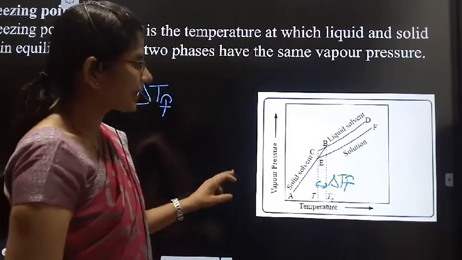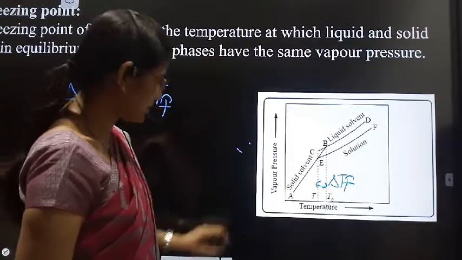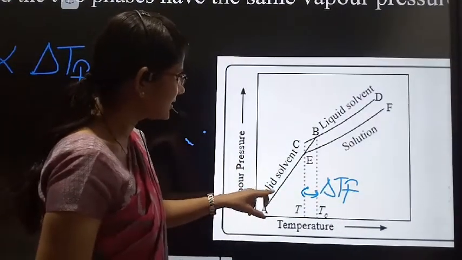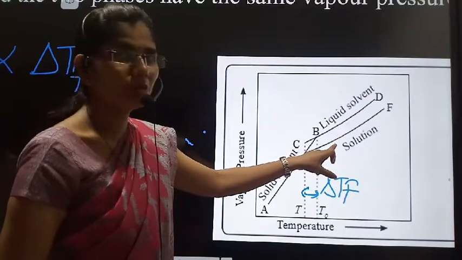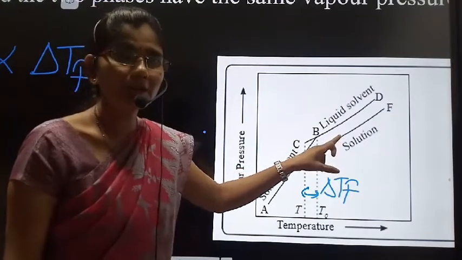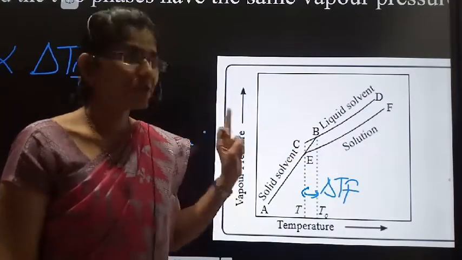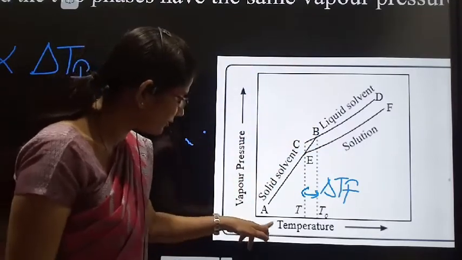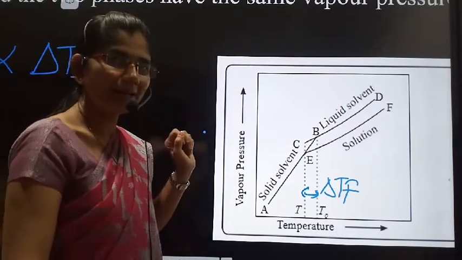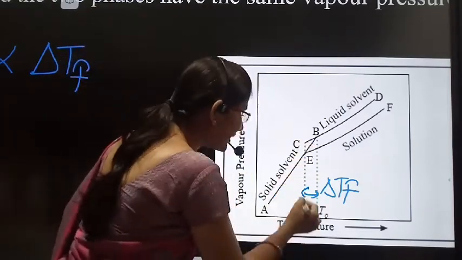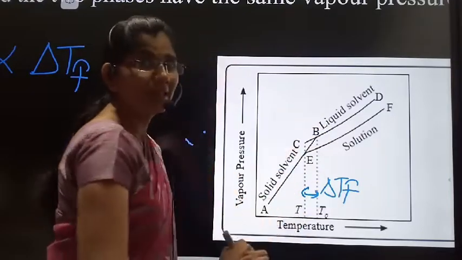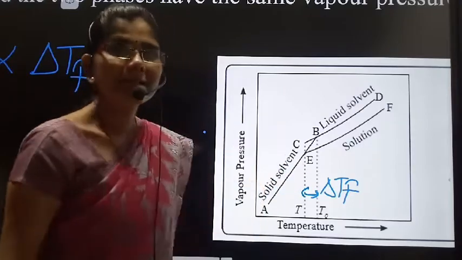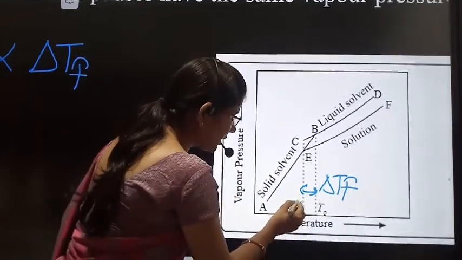In this graph, if we consider this as the solvent and this as the solution, from the elevation in boiling point, the solution has a lower vapor pressure, because this is the graph of temperature versus vapor pressure. If we freeze the liquid solvent and the solution, it is observed that there is a depression in freezing point of the solution.